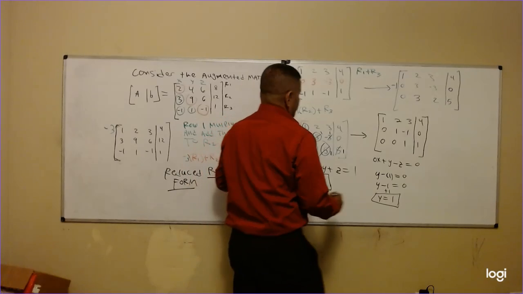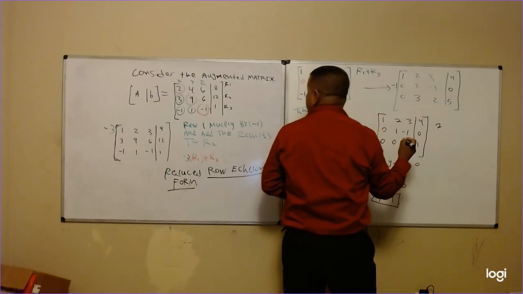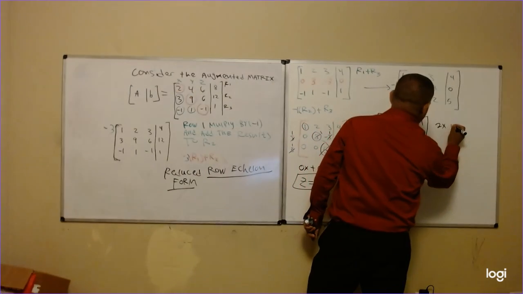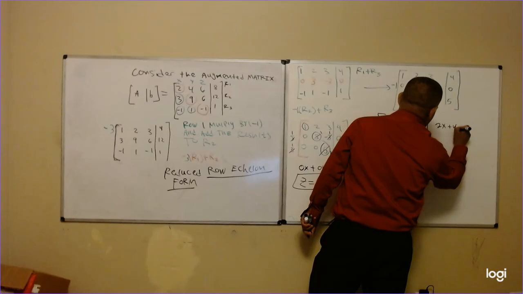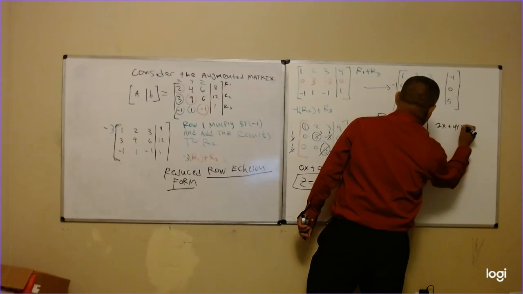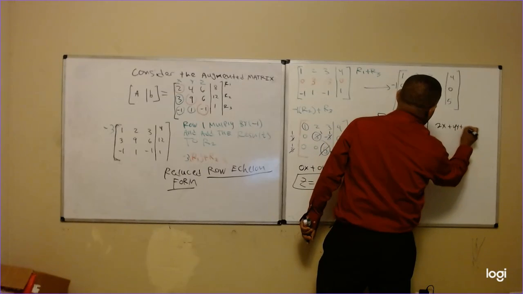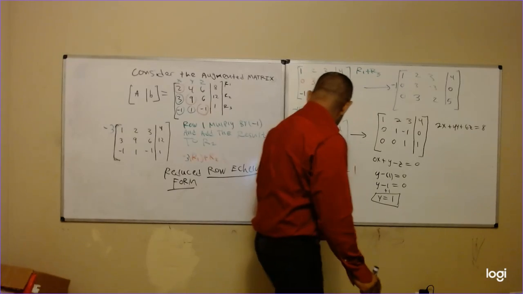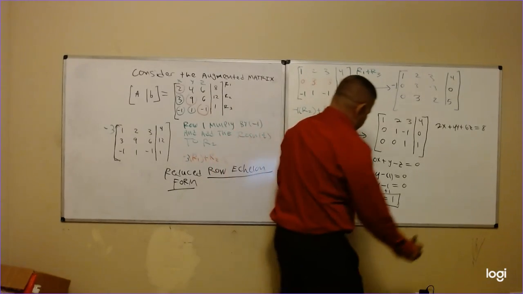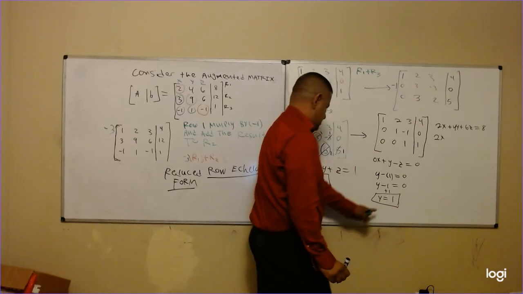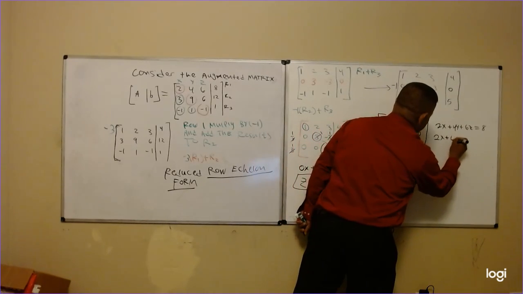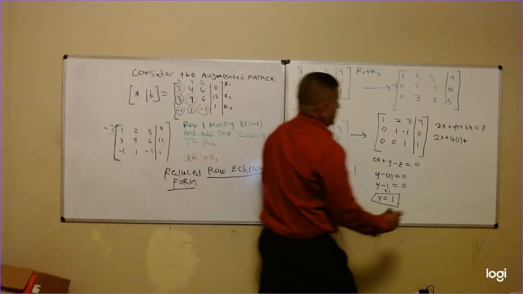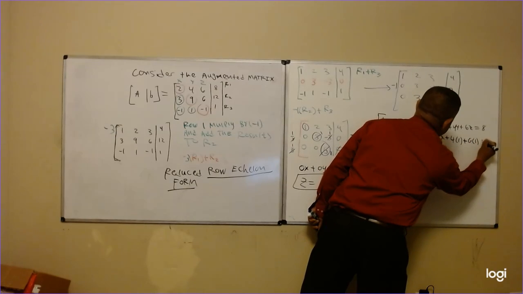So let's do that. I see that 2x plus 4y plus 6z equal to 8 is equation 1 right there. Now plug in the values: 2x plus 4 times 1 plus 6 times 1 is equal to 8.